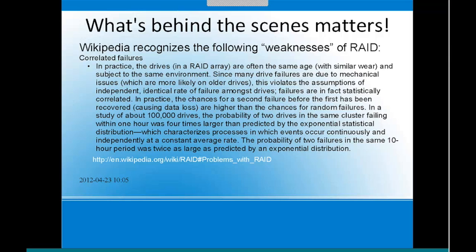Okay, and that's because of mechanical failure in the drive. And that violates the assumptions of independent, identical rates of failure among the drives. The failures are, in fact, statistically correlated. If one drive fails, there's a really good chance that a second drive is going to fail really soon. Okay, and that increases your possibility of total data loss if you're running a RAID5 array.